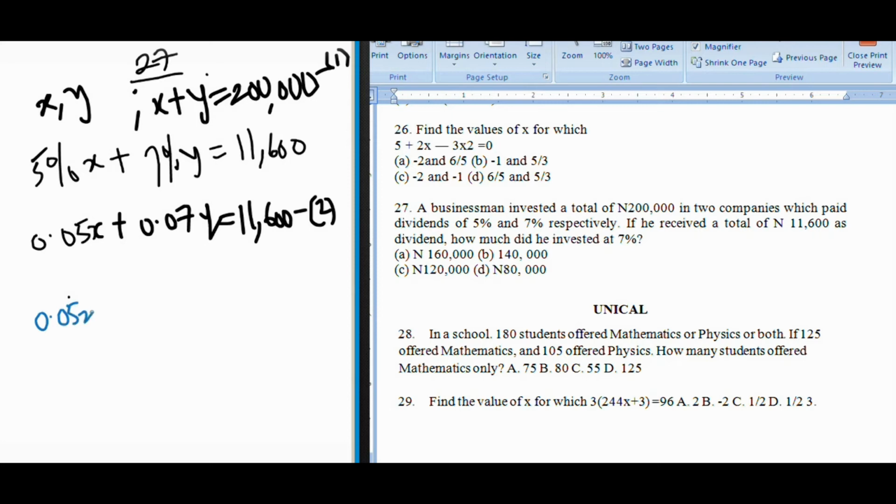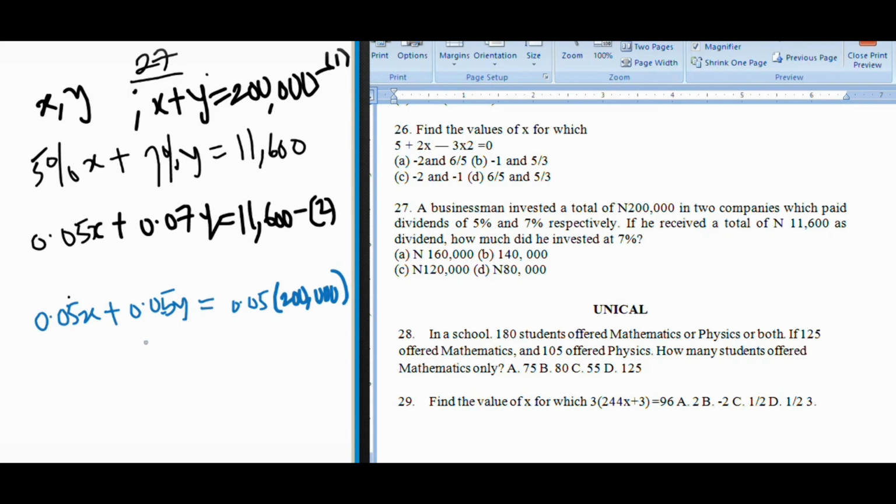0.05x plus 0.05y. That will be equals to 0.05 times 200,000. That will give us 10,000. Okay? And that becomes equation 3.